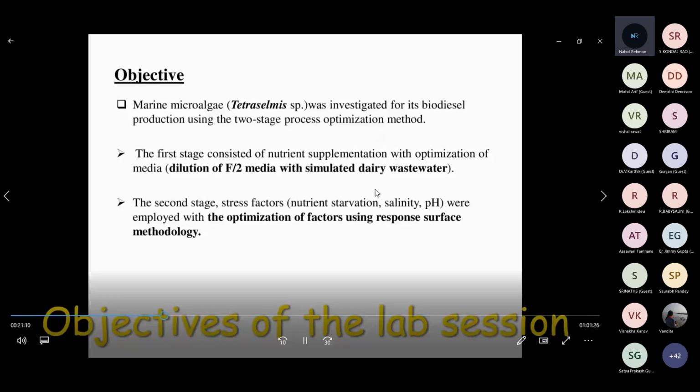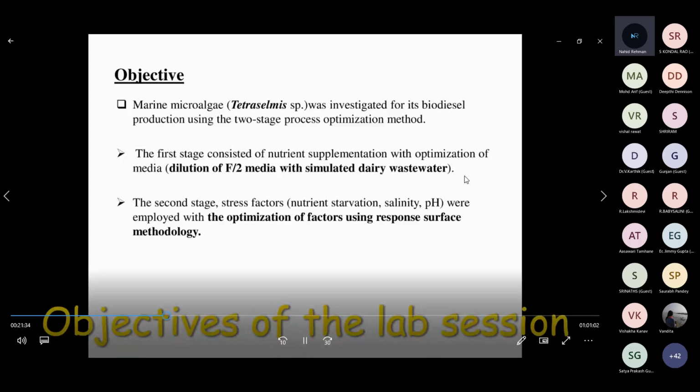In the first stage of optimization, nutrient supplementation, where media constituents were optimized, F/2 media is used, and this F/2 media is actually a simulated dairy wastewater.